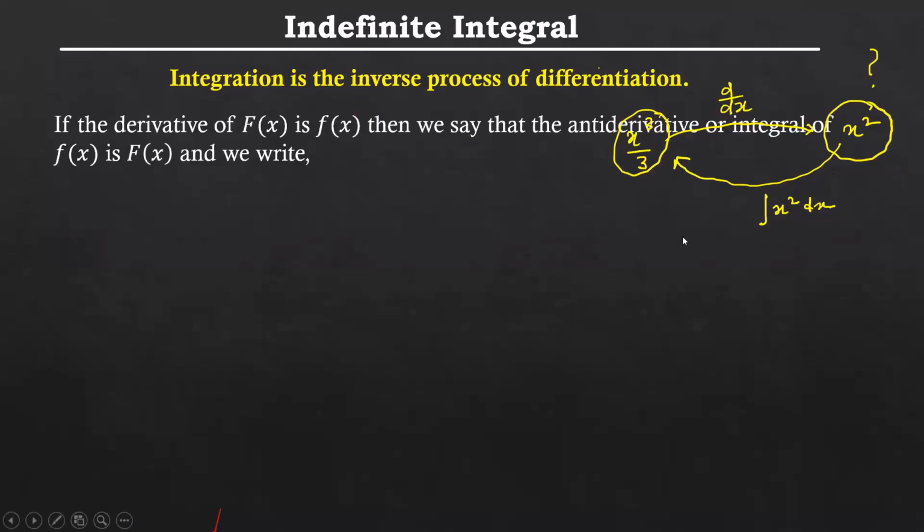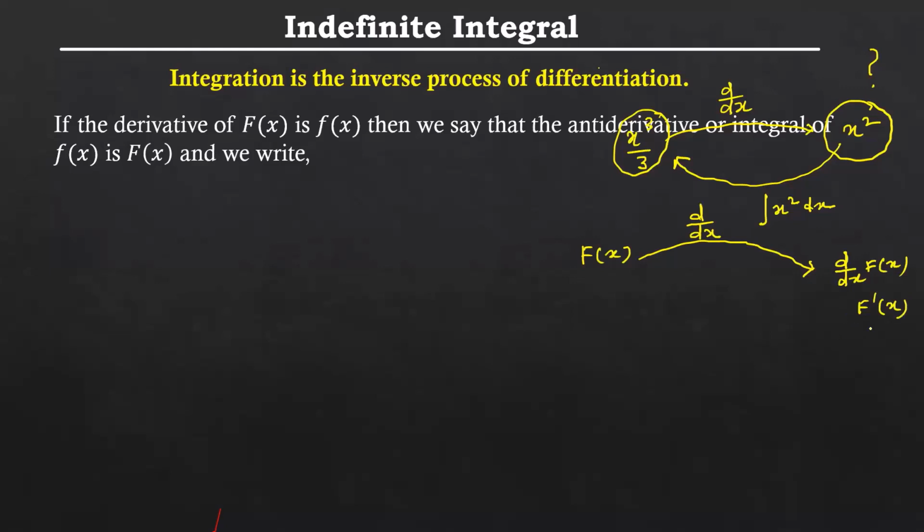So if the derivative of F(x) is small f(x), what do we do? We take a function F(x), and we perform d/dx over that function. We get d/dx of F(x), or F dash of x, which is the derivative of the function.